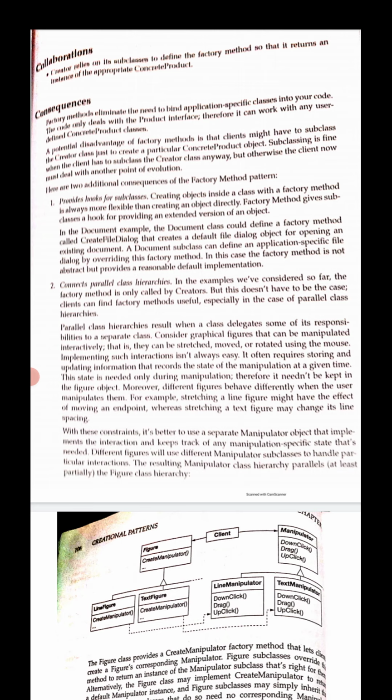In the consequences, there are two additional consequences of the factory design pattern. The first one is that it provides hooks for subclasses. It means that creating objects inside a class with a factory method should be flexible, so that we create objects without instantiating the classes directly.